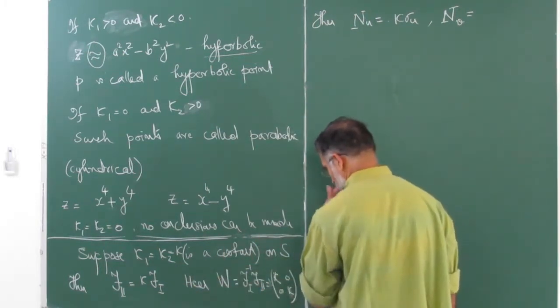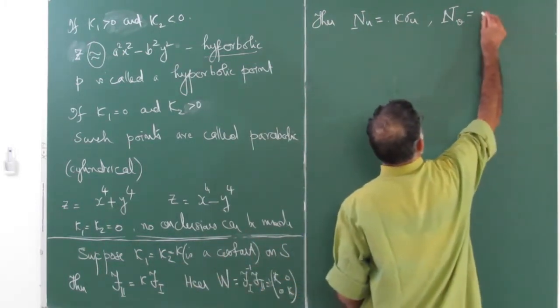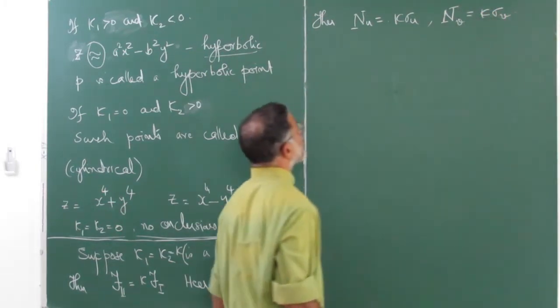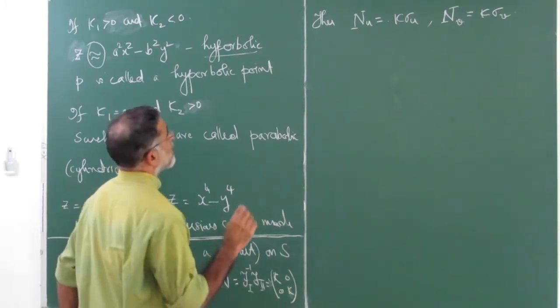This we have already analyzed. So therefore N_u is equal to kappa times sigma_u, and N_v is kappa sigma_v. Okay, so both are the same.